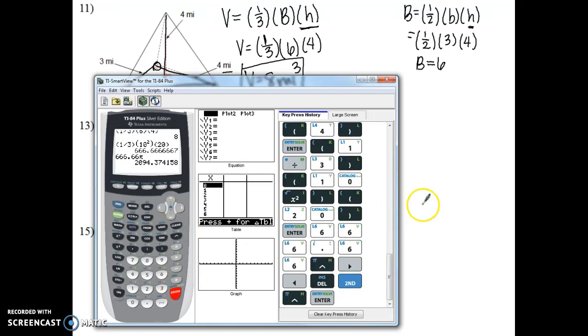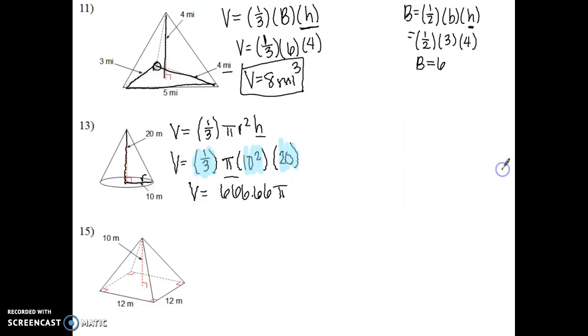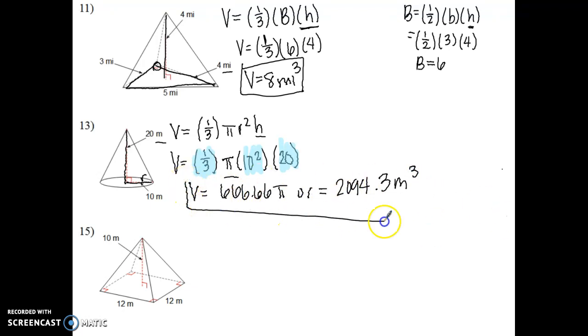Our other answer would be 2094.37, or 2094.3. Take our units, cube them. Both of these answers are fair game here.